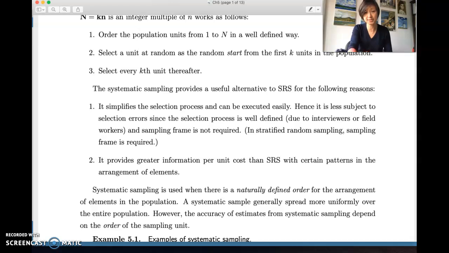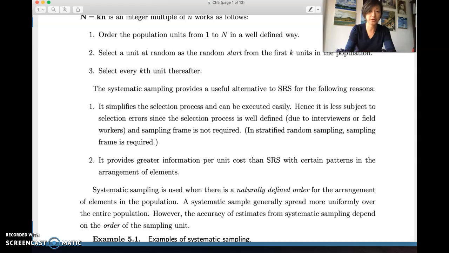What we are trying to say is that in stratified random sampling, or sometimes in simple random sampling, we need to obtain the entire sampling frame so we can choose the sample from it, right? But for systematic sampling, one key thing is that we just need to decide on every kth item from the population to be chosen to form our sample.